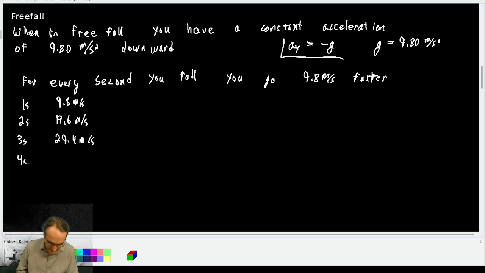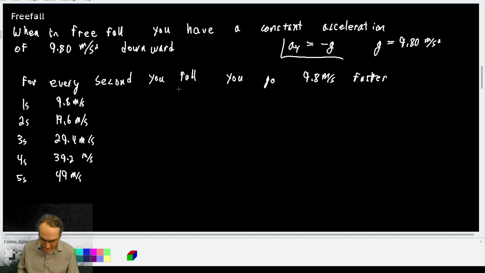By the time you hit 5 seconds, you'd be going 49 meters per second. Let's see, 50 minus that would be 39.2... okay, so the speeds really pick up fast, and by the time you've been free falling for 3 seconds, you've already exceeded highway speeds. How far do you fall during those times?